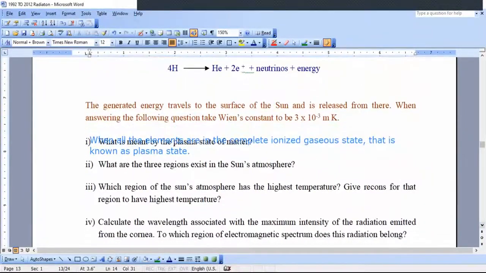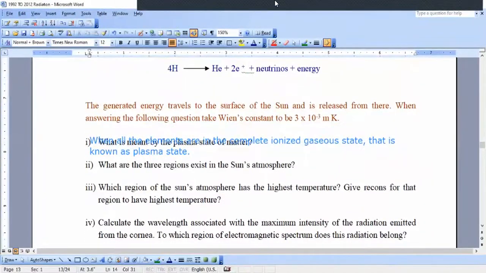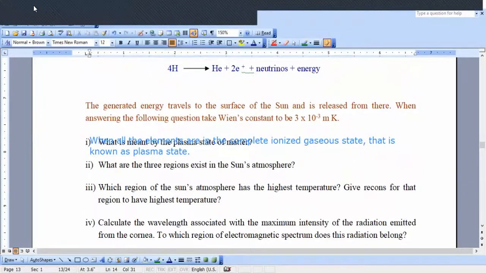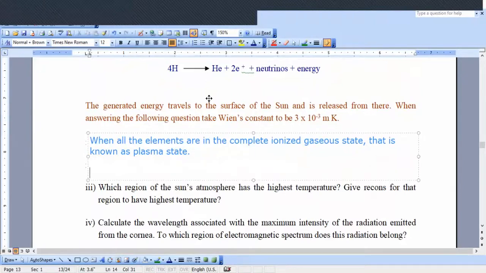Right, so this is the answer for Roman number 1. Somebody please read Roman number 2. What are the three regions that exist in the sun's atmosphere?